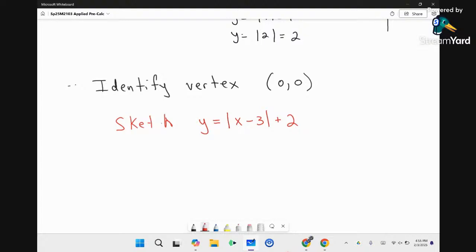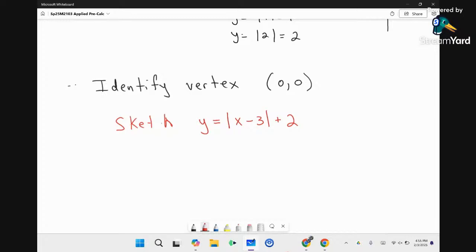What are my h and k values? I really want you to do that right now independently. h is going to be the inside number, and k is going to be the outside number.